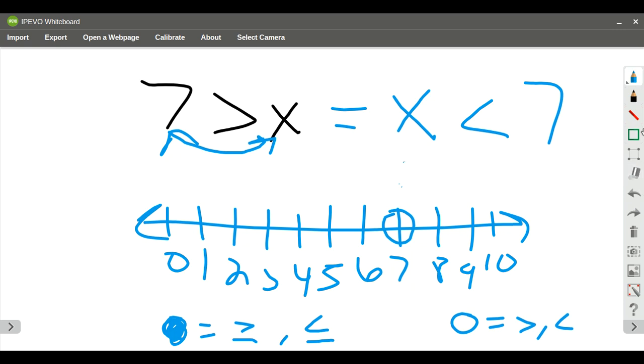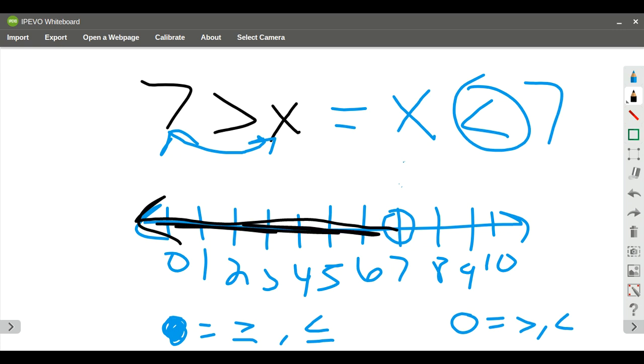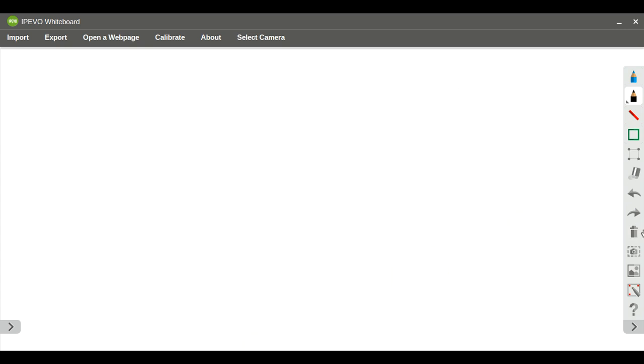Okay, so my inequality is pointing to the left, so my arrow is going to point to the left as well. It needs to go the full length of my number line. So if my number line goes out to here, my arrow goes out to here. I'm not going to draw a short inequality. I'm going to make it really noticeable that that's my inequality. Okay? All right, let's do another one.